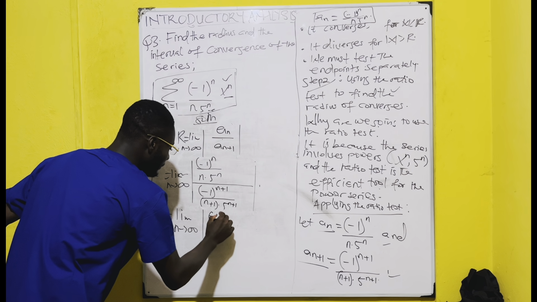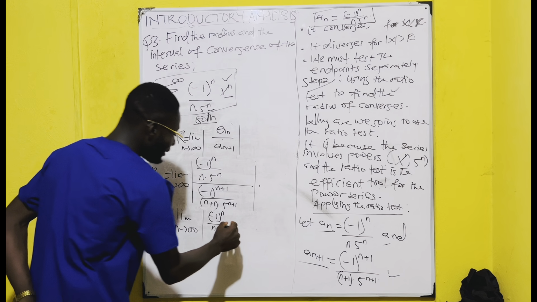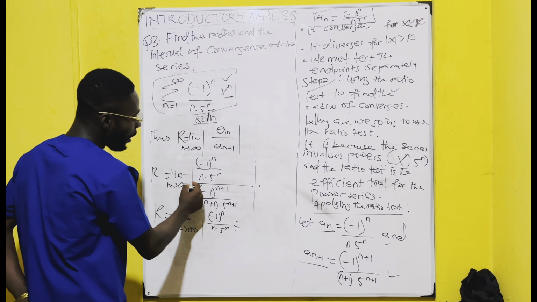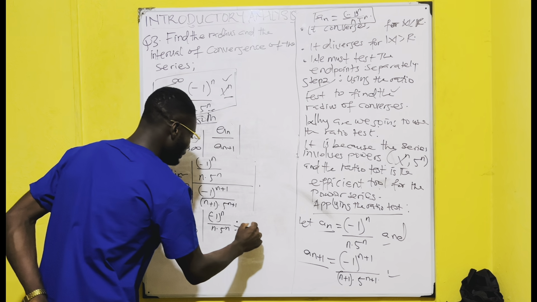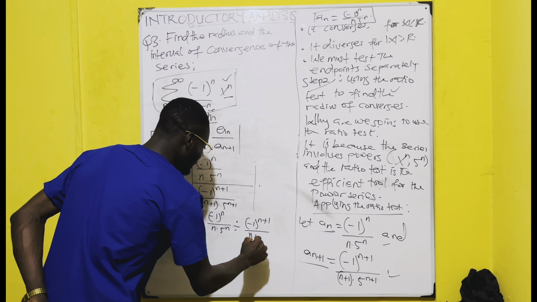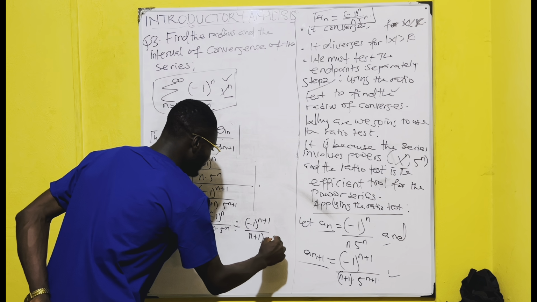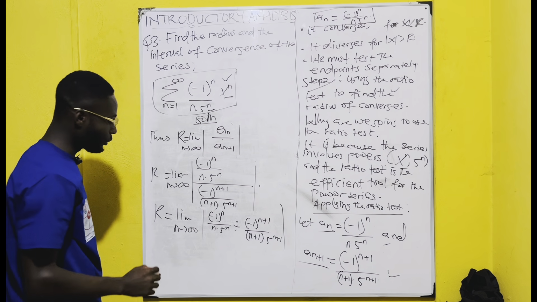(negative 1)^n divided by n times 5^n, divided by all this big division, we are going to turn it. So we have (negative 1)^(n+1) divided by (n+1) times 5^(n+1).